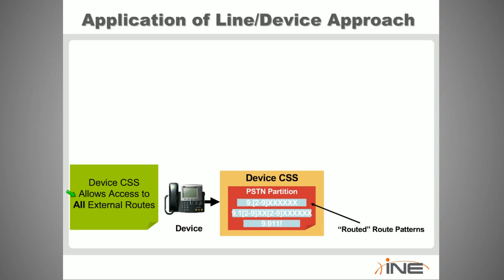We're going to give every device, every phone within any one location, any one geographic area, one city or one cluster, access to a single calling search space that allows access to all routes.